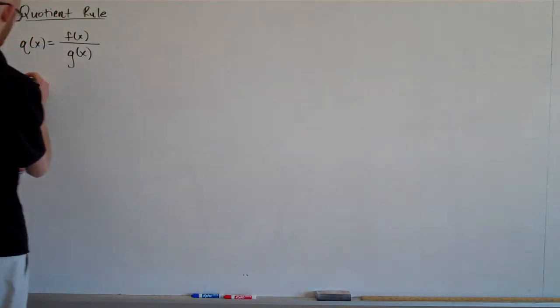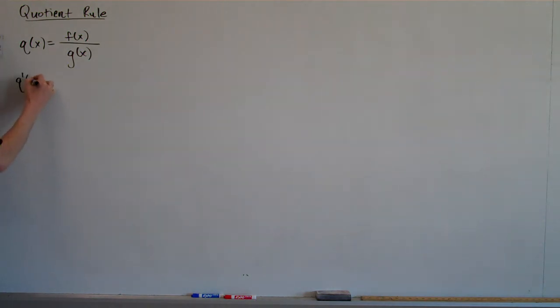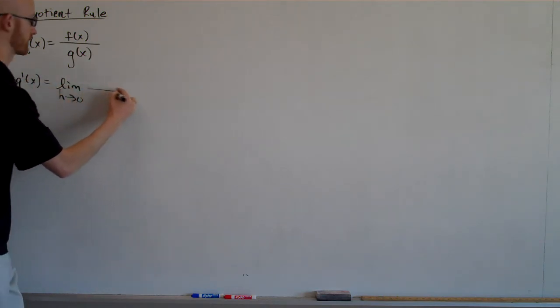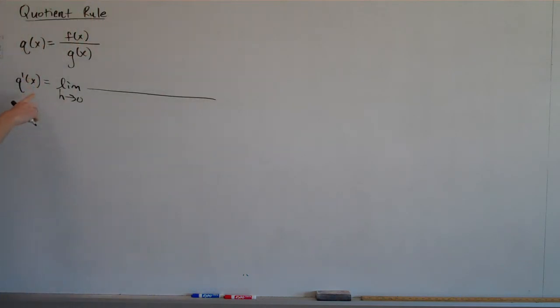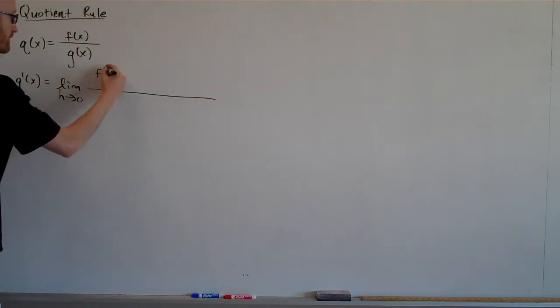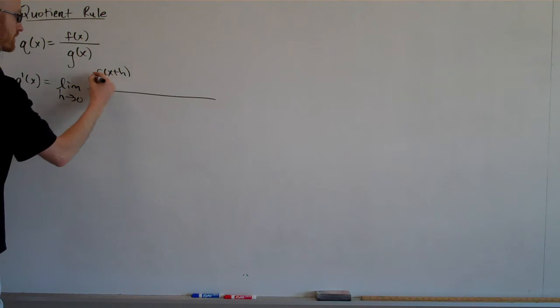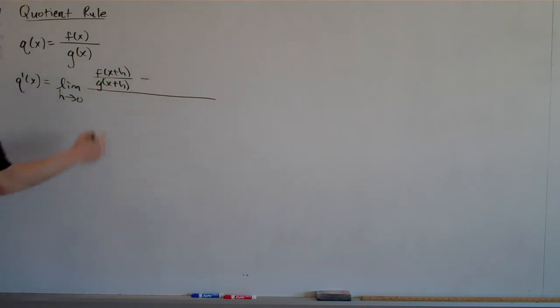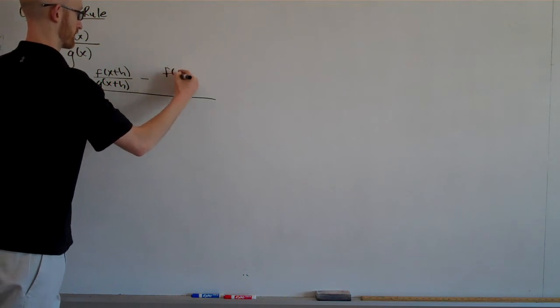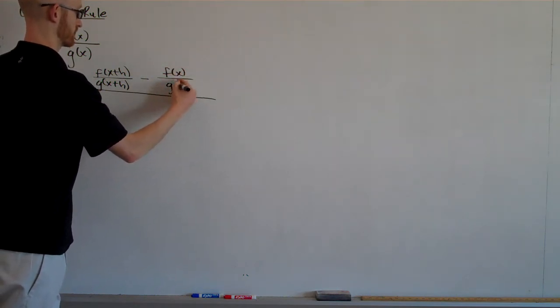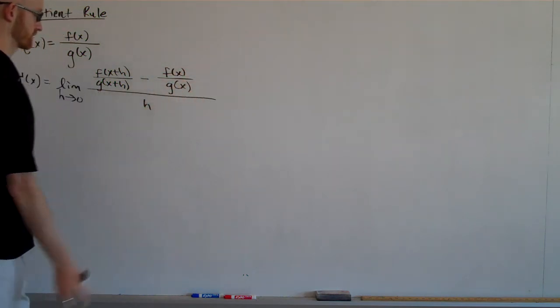So the first thing is q prime of x is equal to the limit as h approaches 0 of q of x plus h, which is f of x plus h over g of x plus h, minus f of x over g of x, all over h.